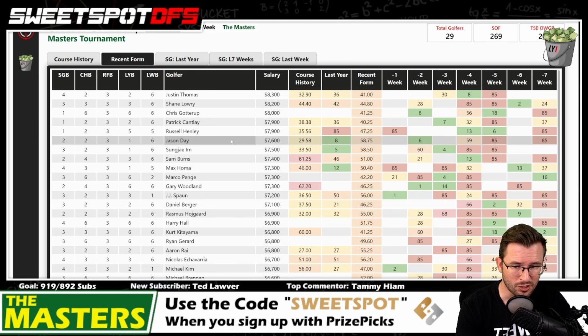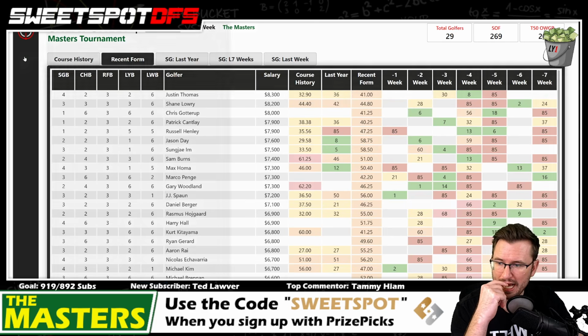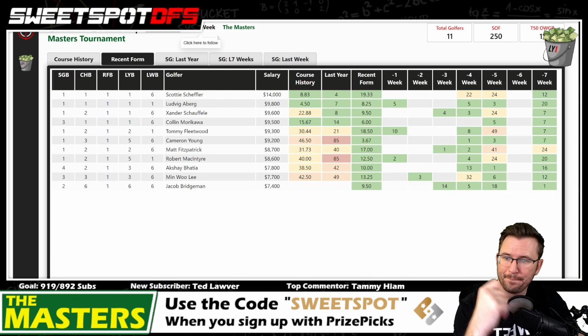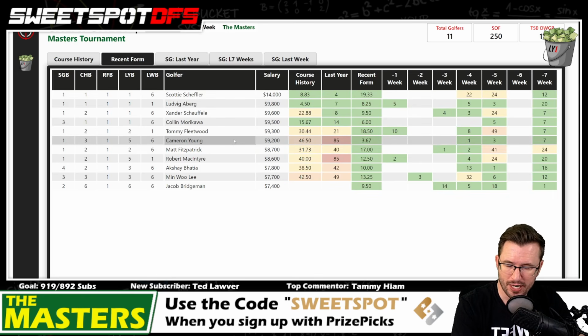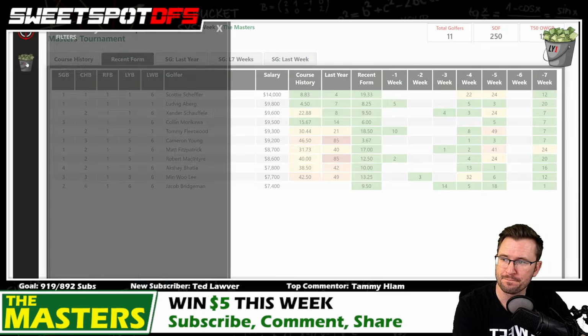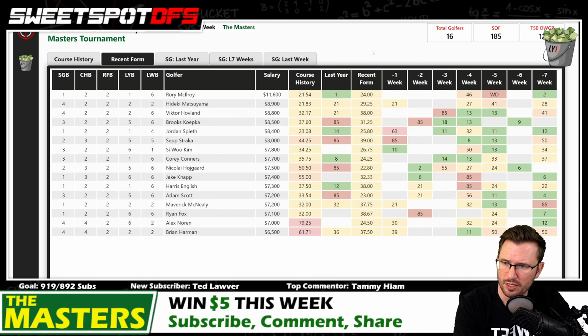This is difficult. Here's one other thing to note. Let me go back to the recent Form 1 bucket. So this one has some expensive golfers, right? Let's say we pick 2 golfers out of it. Let's say we go with Xander and Fleetwood. There's 2 golfers right there. So we grab 2 from there and we go into this recent form 2. Let's grab Jordan and Jake Knapp. So that's 2 more.